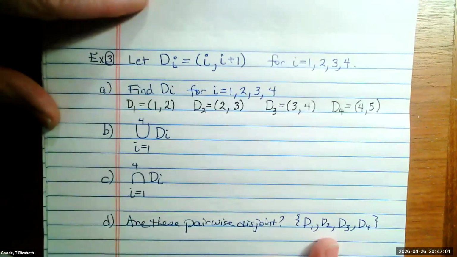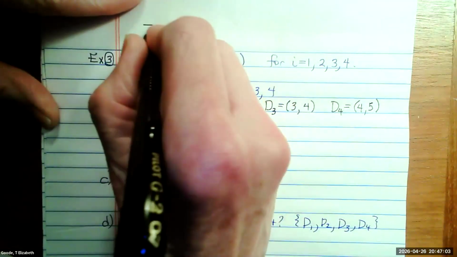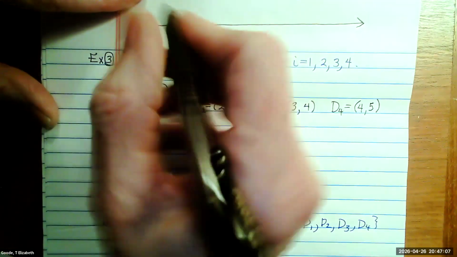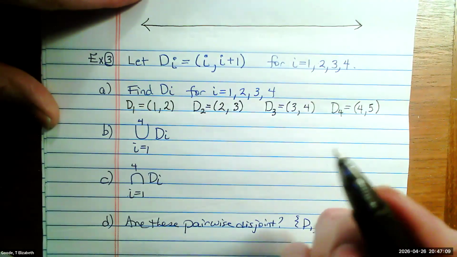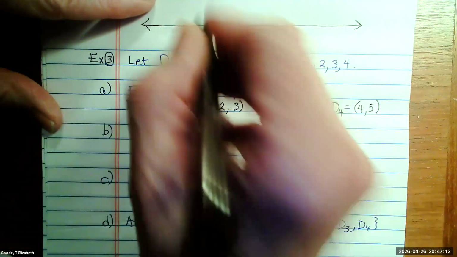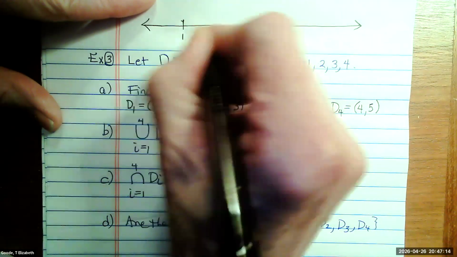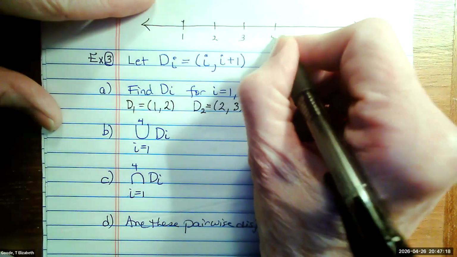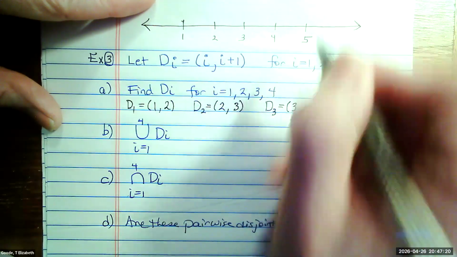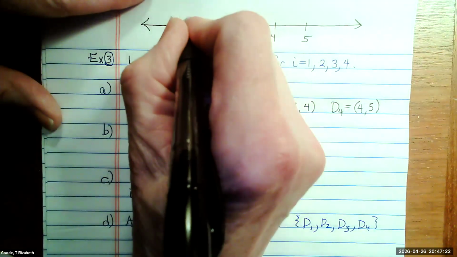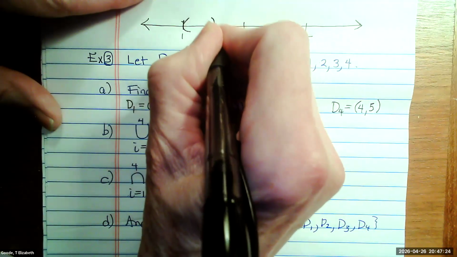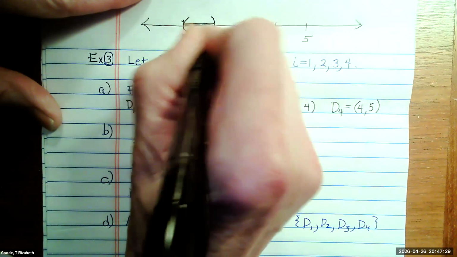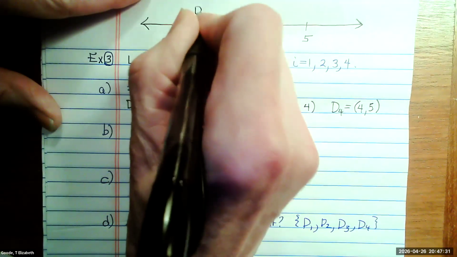Now we should probably draw a picture because this is a little different from what we've seen before. It's not hard, but it's different. All right, so D1 doesn't include the 1 and doesn't include the 2, but it includes everything in between. It's an infinite number of real numbers. You with me? Yes.